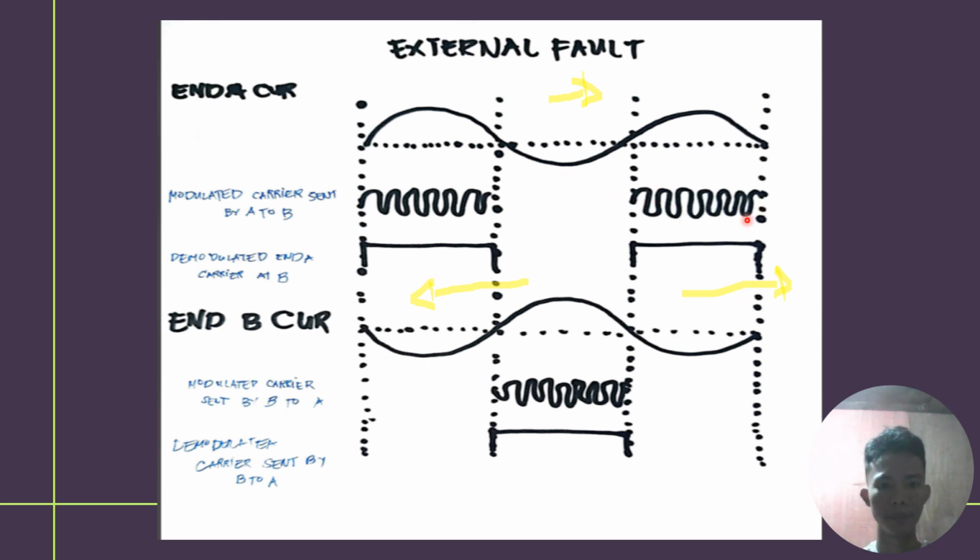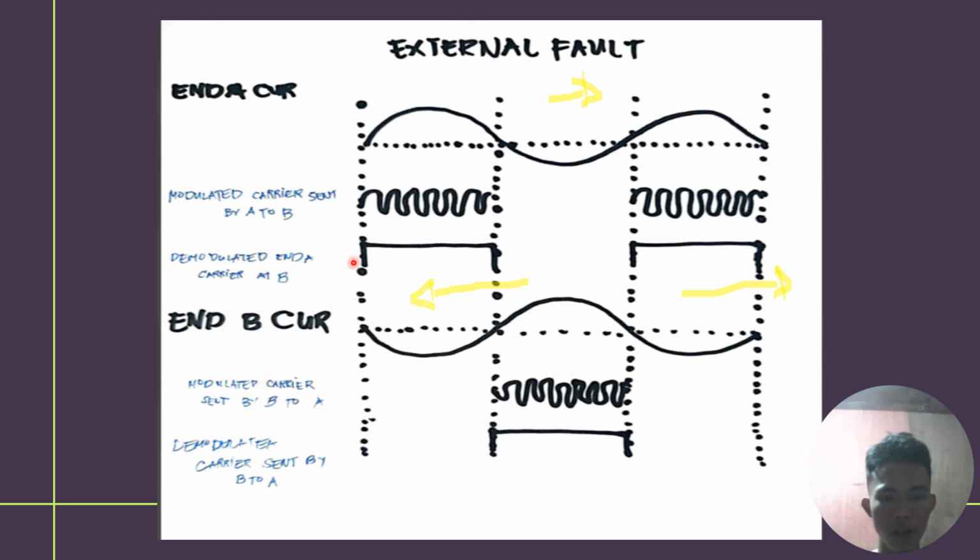Then the end current sent by the relay B will have this characteristic. So the modulated carrier signal sent by B to A is 0, high, and 0. Then it will be demodulated to produce a square waveform type of signal.